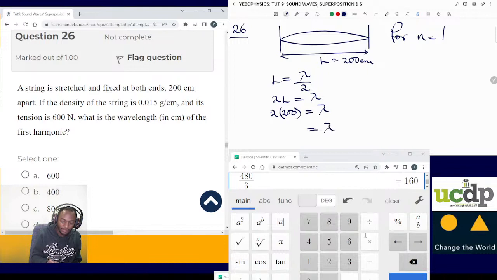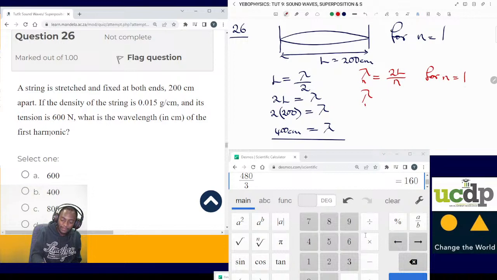So our lambda is equal to 400 centimeters. This also follows the derivation that we did. If you want the general formula, it will be lambda n equals 2L over n. And here we're considering n equals 1.